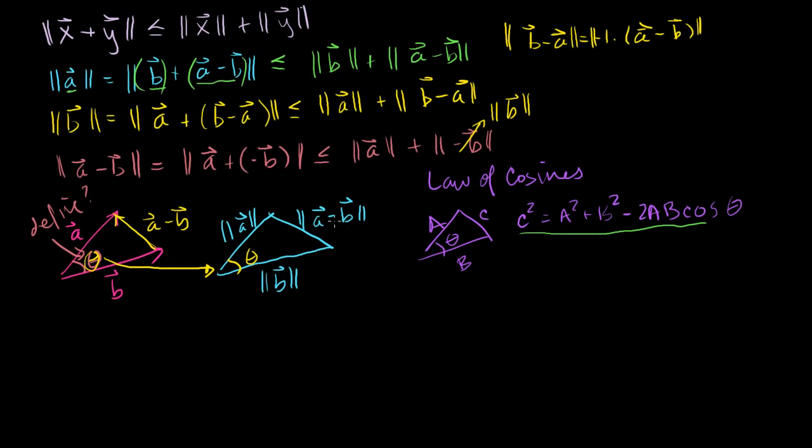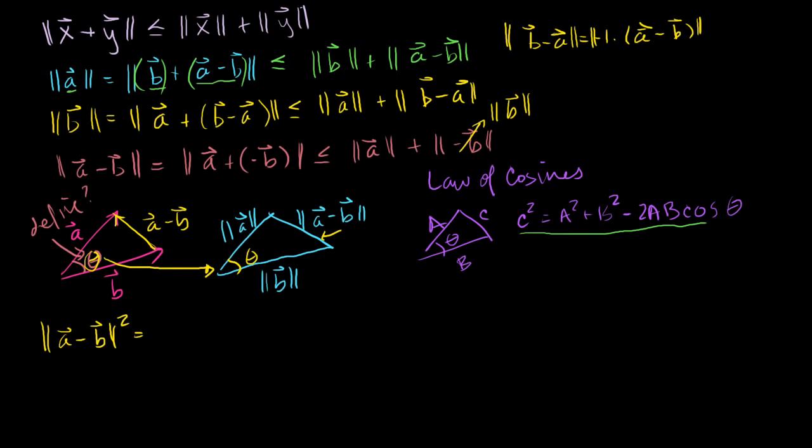So we would get, and the way I drew it, they correspond, the length of this side squared, so that means the length of a minus b squared, the length of vector a minus vector b, that's just the length of that side. So I'm just squaring that side.